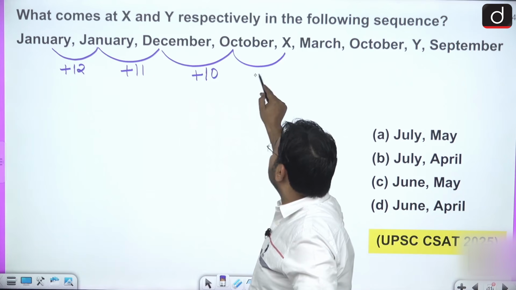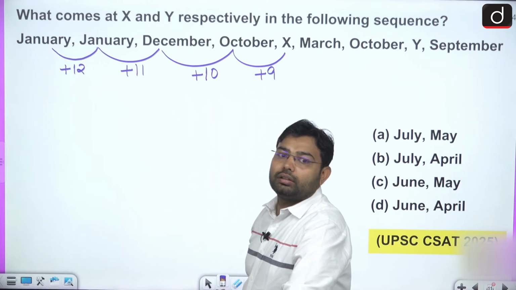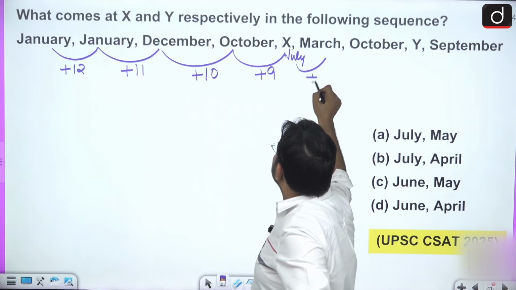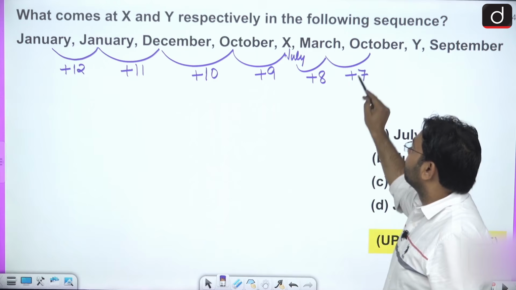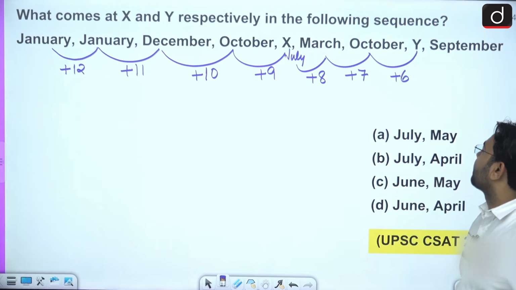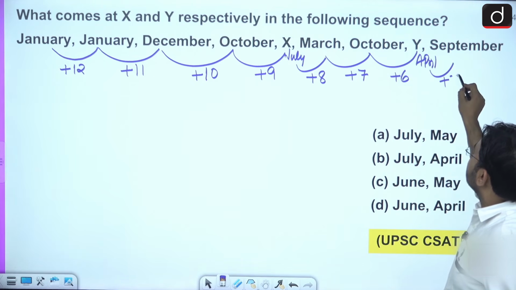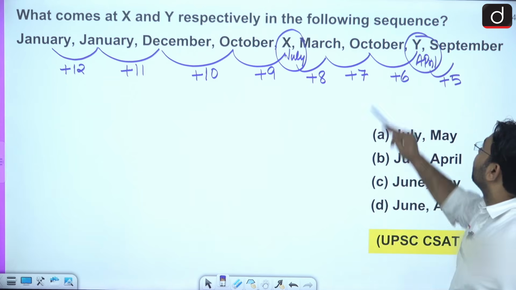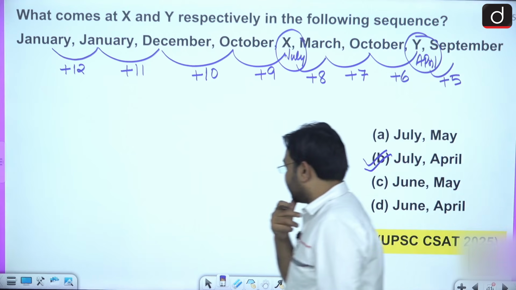Then in October, if you add 9, July, and plus 8, March, plus 7, again October, plus 6. October plus 6 is what? April. April plus 5. So in place of X you can say July, and in place of Y, April. So the answer is option B, July, April.